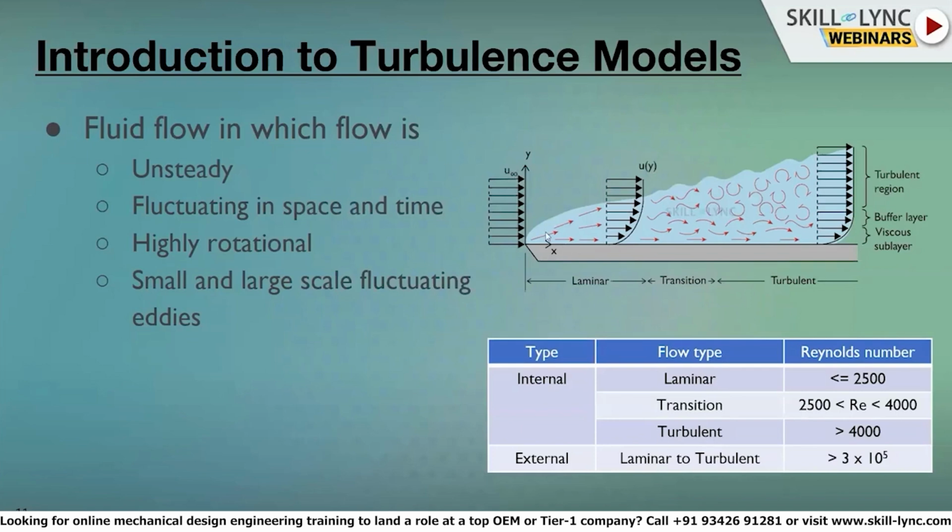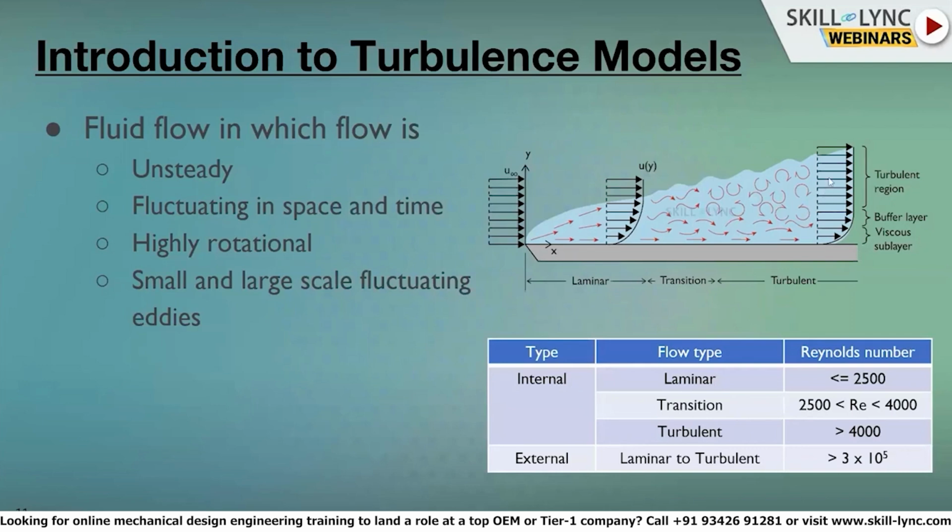At the start the flow is laminar, and as it encounters friction and flow rate increases, it transitions to turbulent. In the fully turbulent region you can see the turbulent eddies, which are of a rotating nature, and there are small scale eddies and large scale eddies. Capturing these small scale and large scale eddies is the actual challenge of turbulent flow.